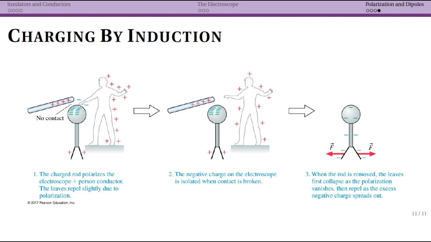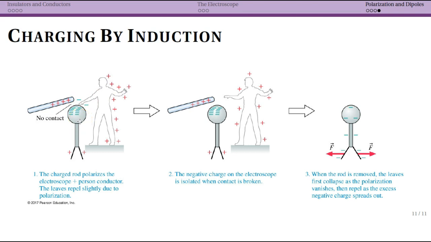So the final topic here is that we can do what's called charging by induction. Again, we're going to show this with an electroscope, so hopefully you've watched the video that explains how this works. Initially, we are going to have an electroscope here, and you can think of a person actually being in contact with the electroscope, touching it.